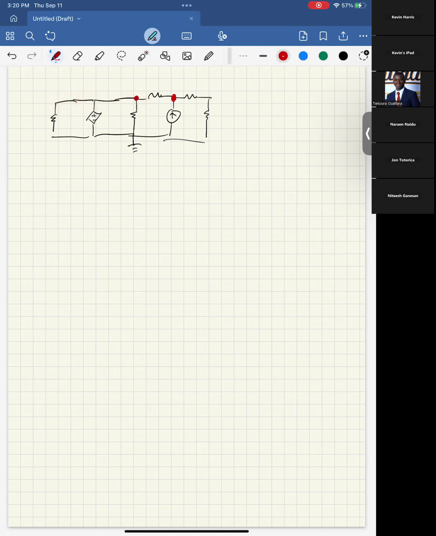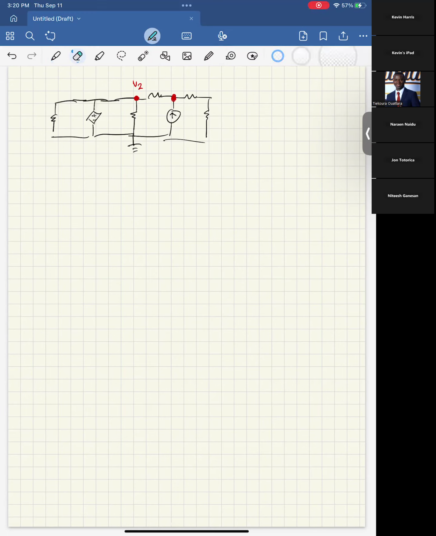One thing a lot of people end up doing on their quizzes is they will try to have a node here and a node here. And then when they get to writing their equations, they get very confused because there's no resistor right here, and so they'll write V1 minus V2 over 0. And then it's like, what? That doesn't work. So please be very careful about not doubling up on one node.